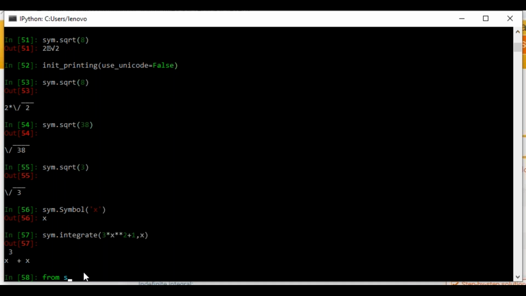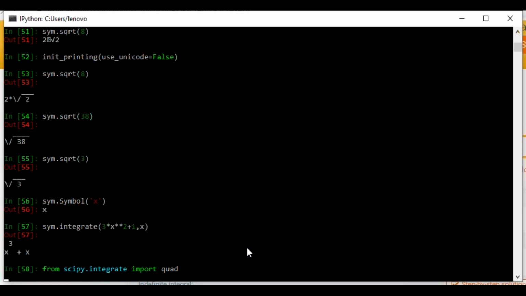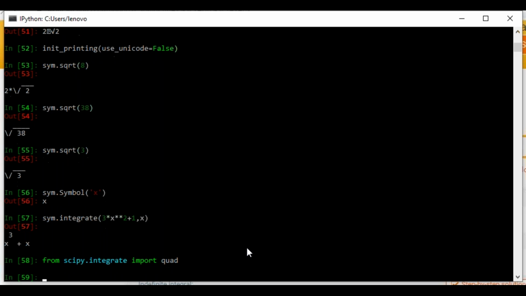Or otherwise, you can initially try this code: from scipy.integrate import quad. For me it is working.